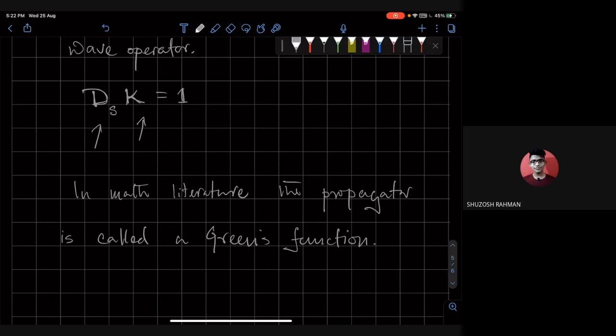You should look at mathematics literature and read up about it. And Feynman refused to do that. He didn't want to be influenced by what was already known. He preferred to invent it himself. Okay, so any questions so far?